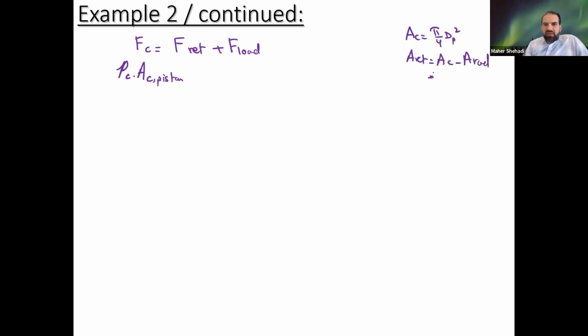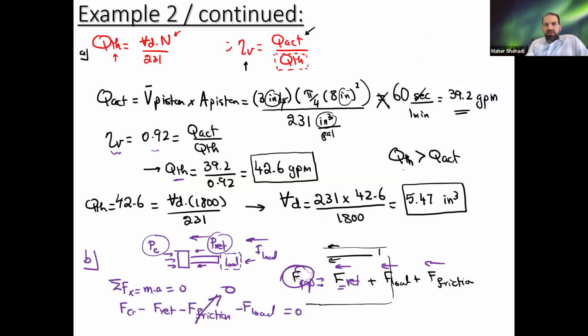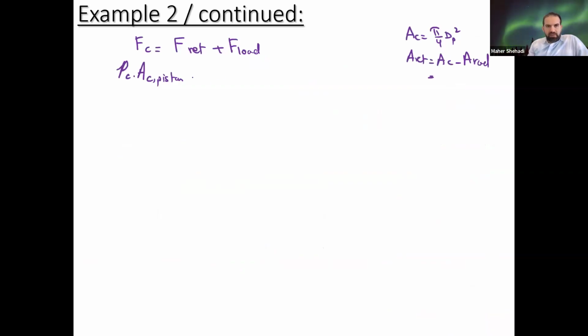I don't know which one they gave us. Yeah, we have the diameter for the rod, so we will have to calculate the retract area, which is the annulus area on the right side of the piston. Okay, that's equal to P retract times the retract area, which is here.